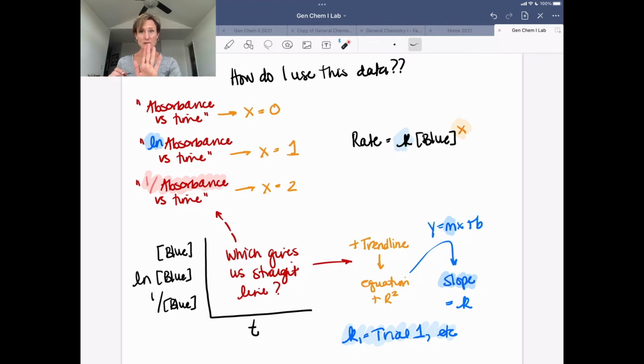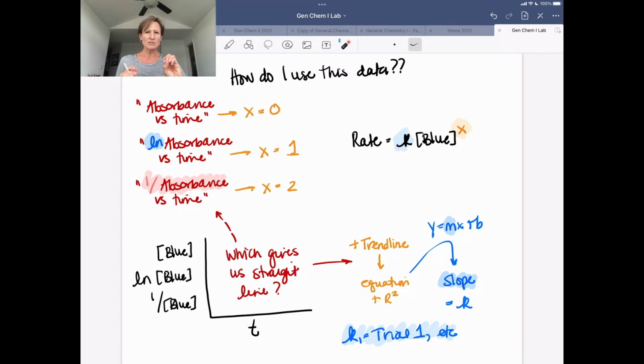Think about what slope is: a change in y over a change in x. Absorbance has no units, so over seconds, the units for our slope are reciprocal seconds, which are also the units of our rate constant. All right. So you're going to do this again for each of the 4 trials.